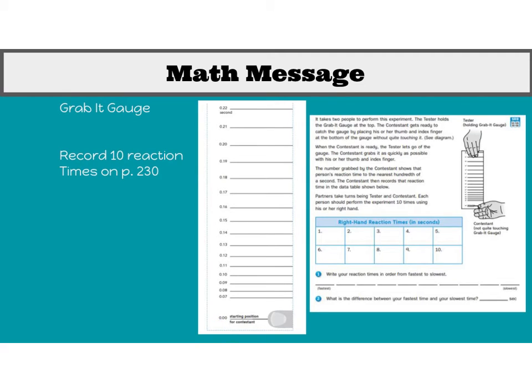And we'll just try to make do the best that we can with the supplies that we have. So you're going to pause your video, go ahead and make yourself some kind of grab-it gauge, and then you're going to perform those 10 reaction times and record your results in your student math journal on 1 through 10 here.